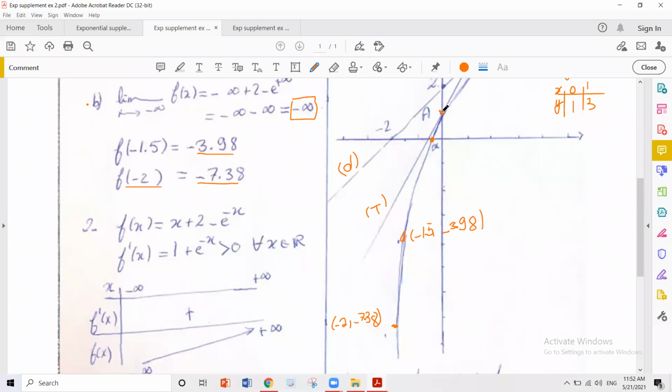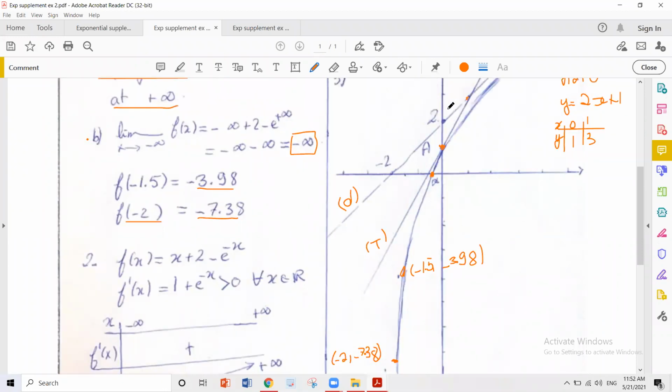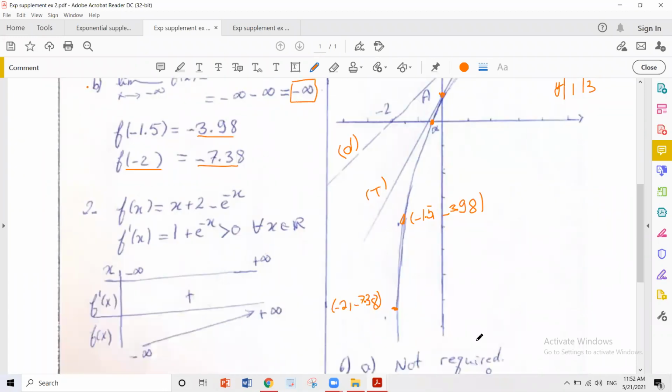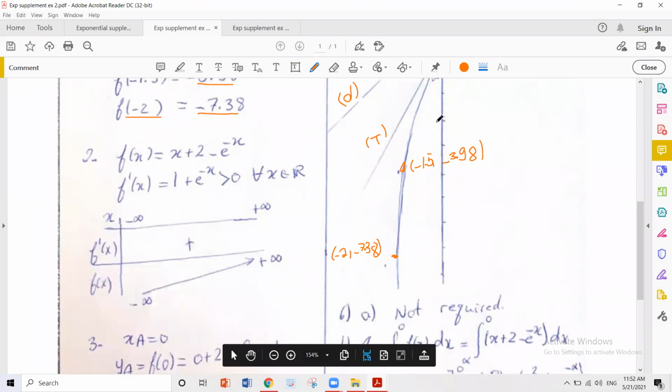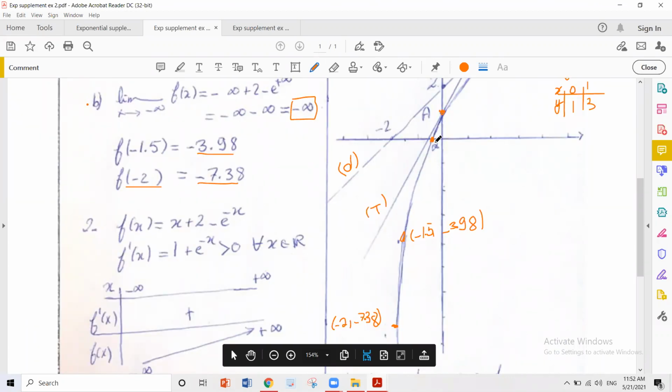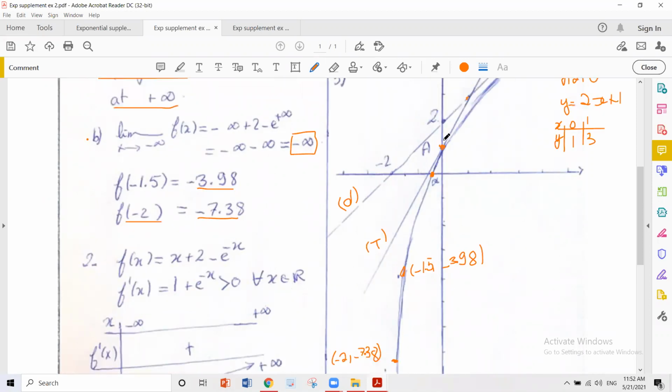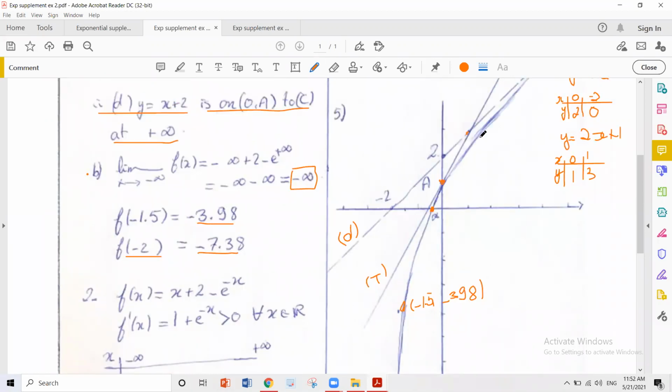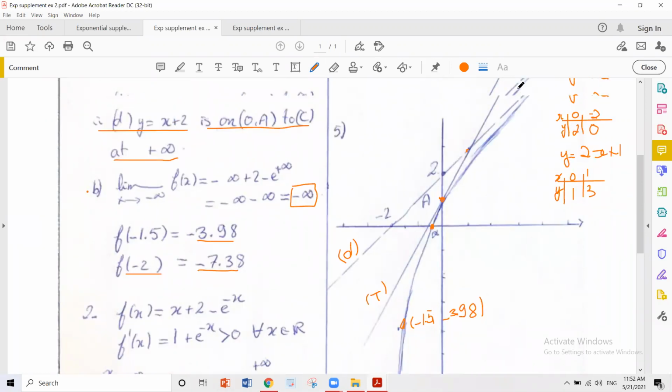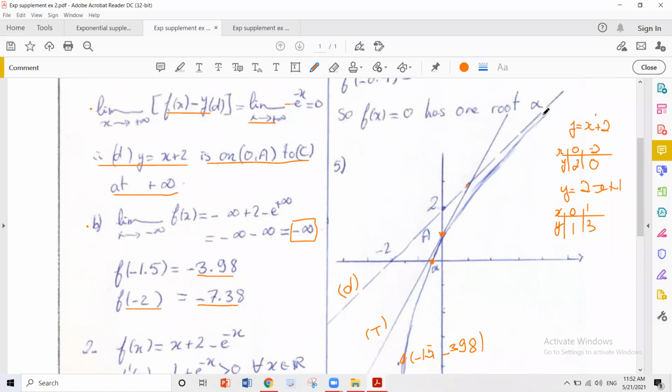This is alpha. This is A. The curve is increasing from minus infinity. It cuts the x-axis at alpha. It makes a tangent at the point (0, 1). And it goes to plus infinity near the oblique asymptote.